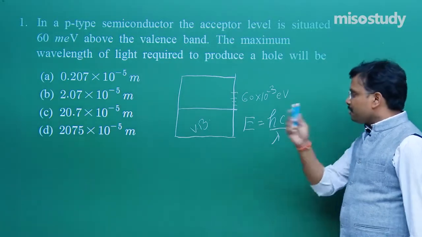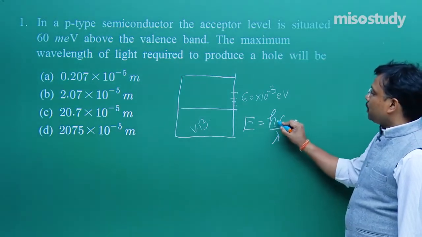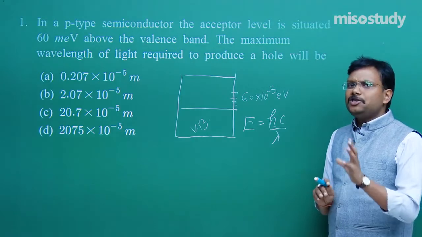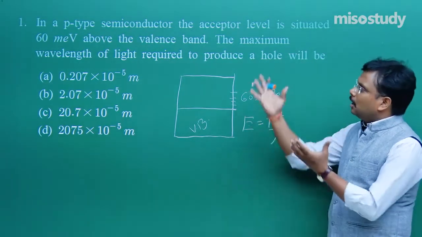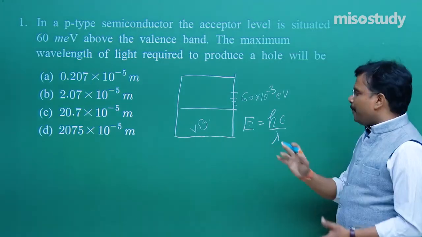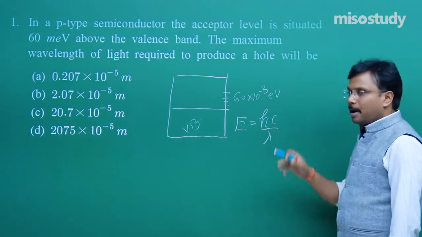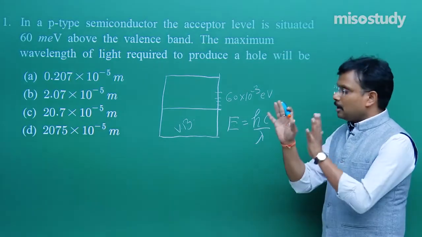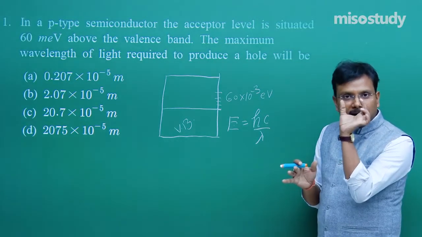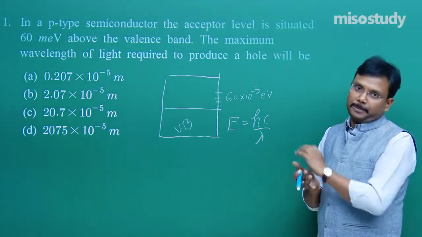What are those few terms? Say for example, h into c is a value which you generally use in your modern physics in these types of examples. So better remember 6.63 into 10 to the power minus 34 multiplied by 3 into 10 to the power 8. Remember the final result after these two multiplications.